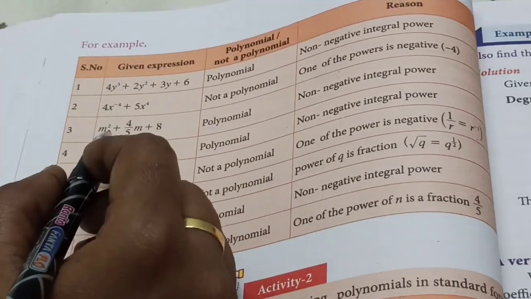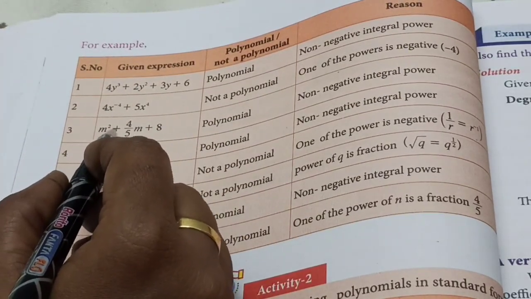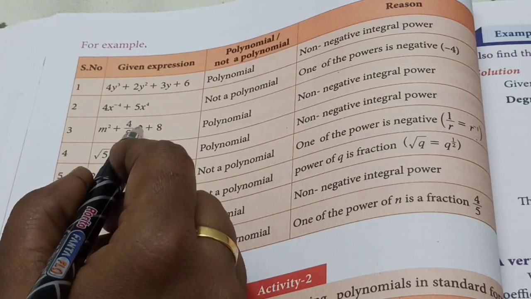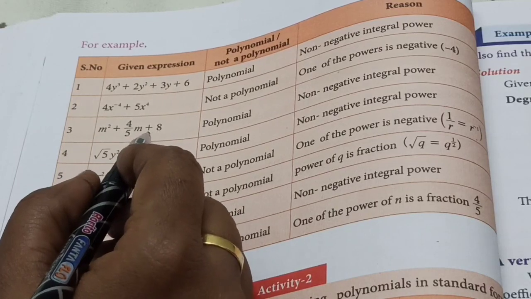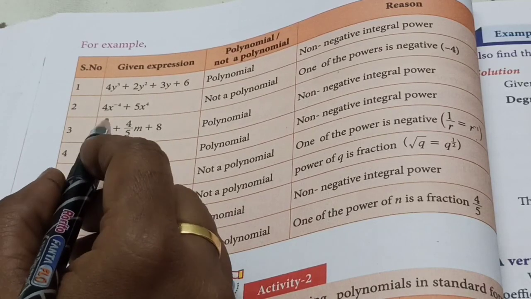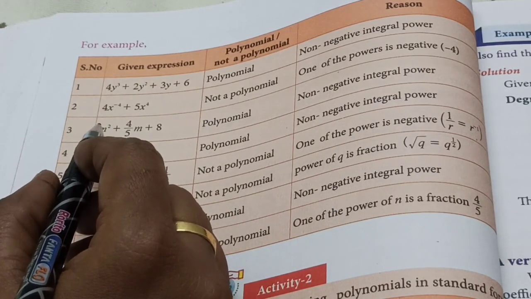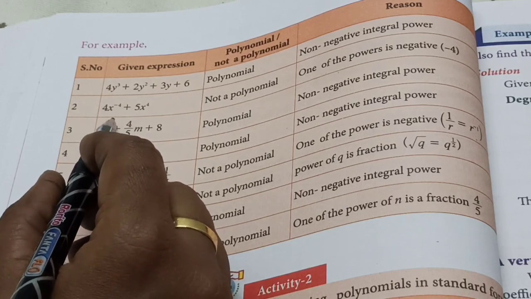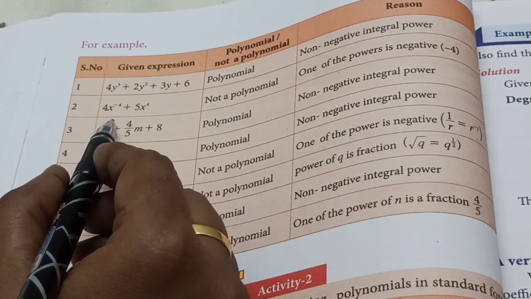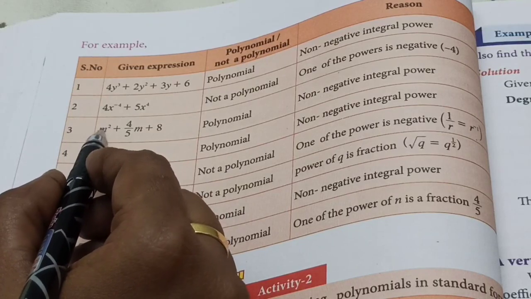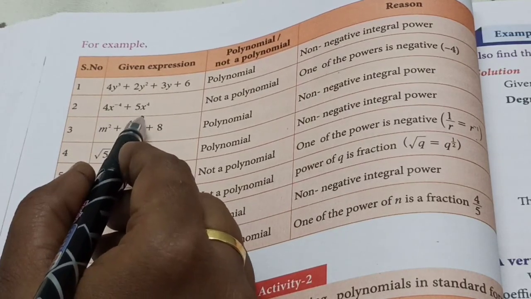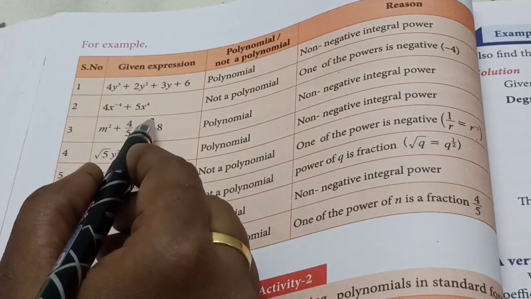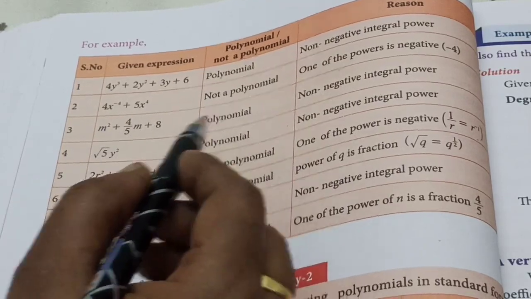Okay, third one, here x square plus 4 by 5 m plus 8. Is it a polynomial? Yes, it is a polynomial. Why? It is a non-negative integral powers. Powers only we have to check. Okay, here what's the power? M power 2. Here m power 1. Both also positive. Okay, so it is a polynomial.